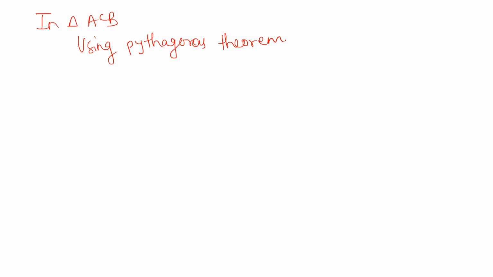So that is (L minus x) whole square plus x square equal to a square. Also here the value of cos theta is equal to base upon hypotenuse, so that is x upon L minus x.